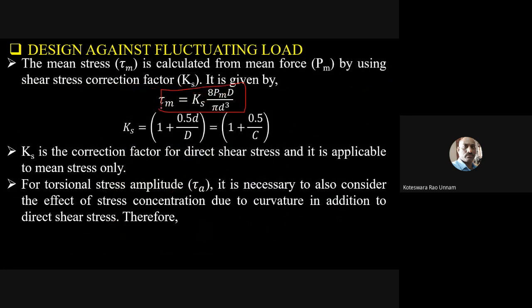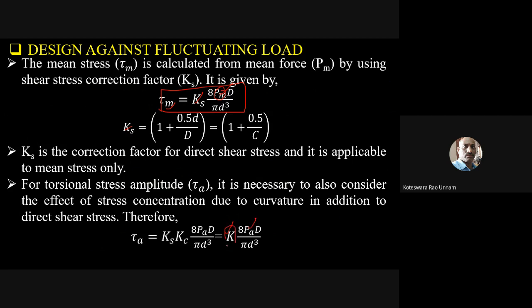To calculate tau m, you require Ks and Pm. We know the formula for Ks: Ks is 1 plus 0.5 by C. Pm is the mean load, which is maximum load plus minimum load divided by 2. Similarly, tau A is calculated based on K and Pa.